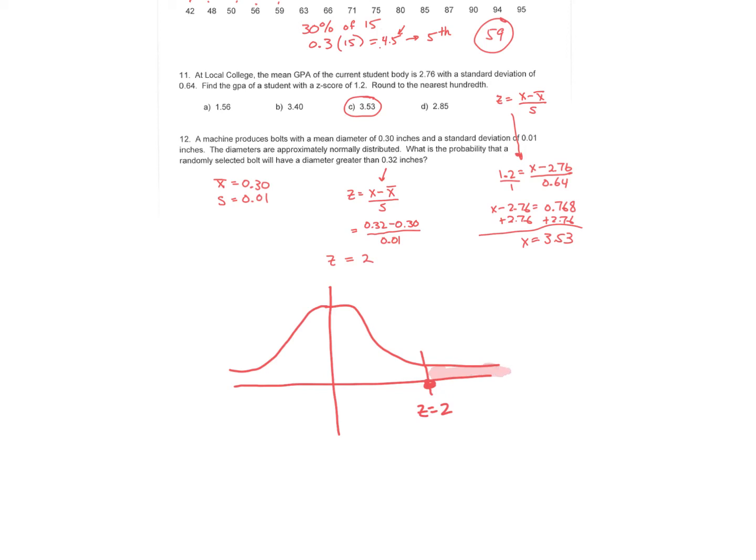To figure this out, we can look up 2 on the table. And 2 on the table is about 0.475.